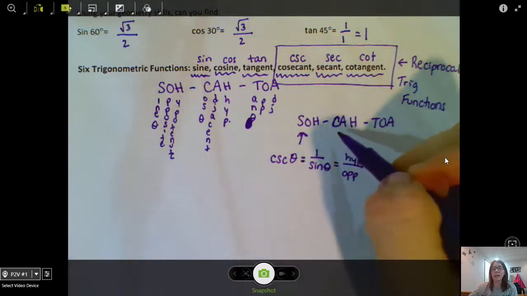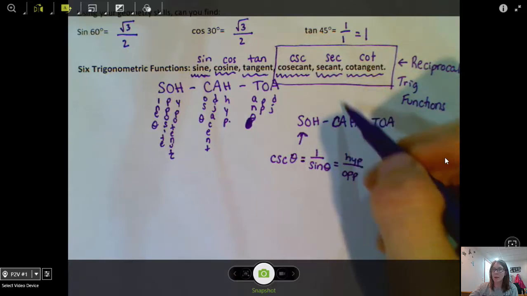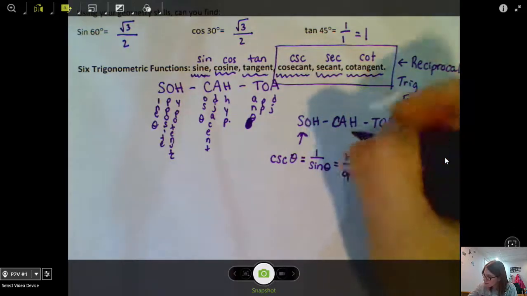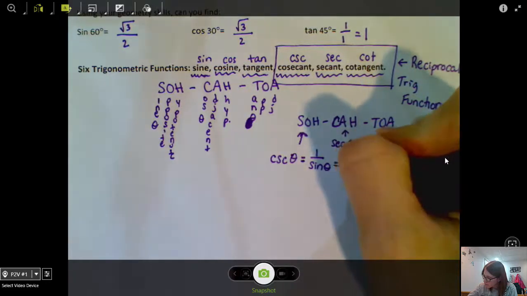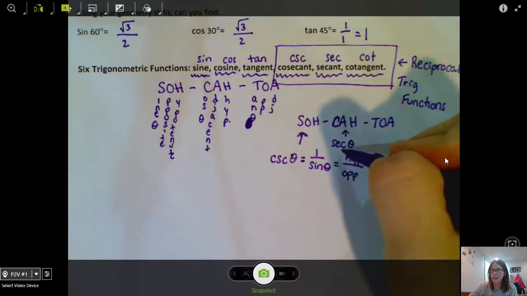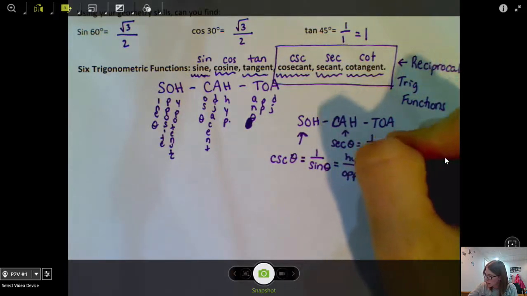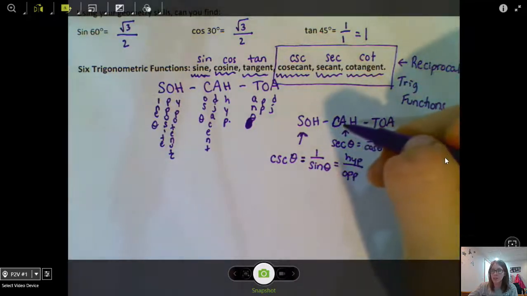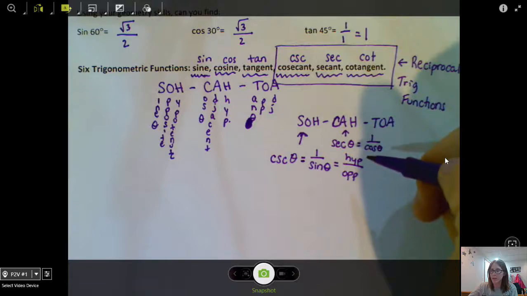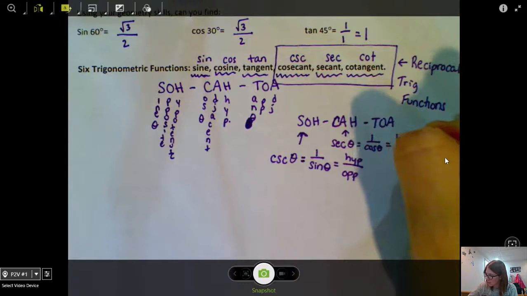Cosine is adjacent over hypotenuse. Secant is paired with it. Secant is the reciprocal of cosine. So secant is 1 over cosine. And if cosine is adjacent over hypotenuse, that means secant is hypotenuse over adjacent.